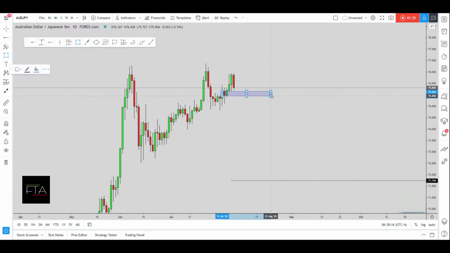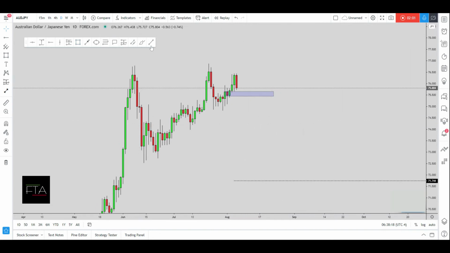So we still have very strong daily support at this area given by multiple levels of structure that we have here, which the market still hasn't broken to the downside. And from here, the market can just test this area and easily continue to the upside. So obviously, looking for a short at the moment is just against the overall trend and structure of the market. So we simply cannot be looking for any shorts yet.